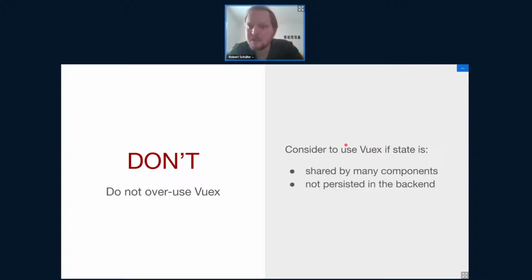And if you have state persisted in the backend, for example if you later on use Apollo client, it comes with its own cache. So if you get the data from the backend, you can rely on this cache, and don't need to roll your own, basically.